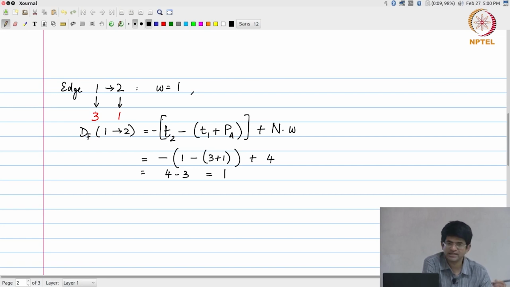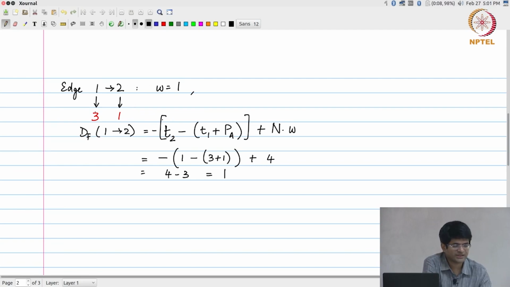This T2 is the time when 2 is scheduled, T1 is the time when 1 is scheduled, T1 plus PA is the time when 1 completes and therefore its output is ready. So T1 plus PA is the time when 1 has finished, T2 is the time when that value is then consumed.